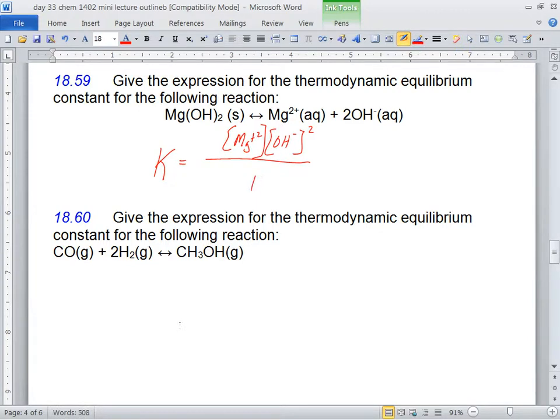Do the same thing now, everybody, for the bottom one here, for 60. Thermodynamic equilibrium constant. And maybe you've seen how they want you to do this in the book. Maybe you haven't. We'll find out.